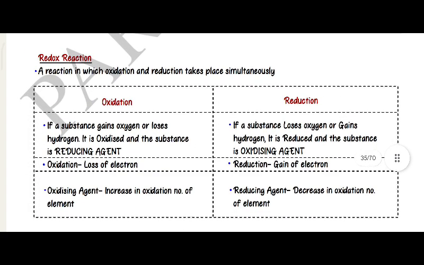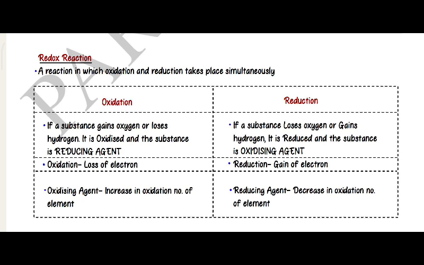Redox reaction: a reaction in which oxidation and reduction take place simultaneously. Oxidation: if a substance gains oxygen or loses hydrogen, it is oxidized and the substance is the reducing agent. Oxidation is loss of electrons, an increase in oxidation number of the element.